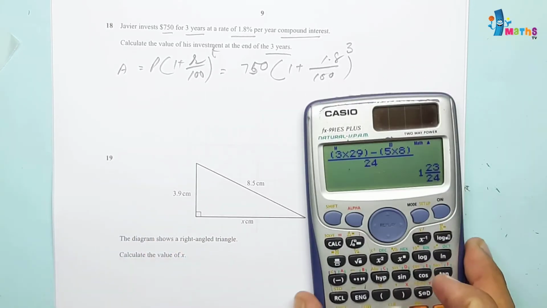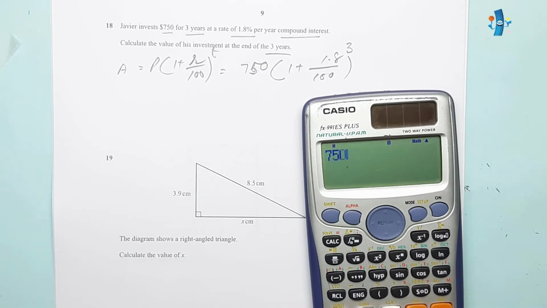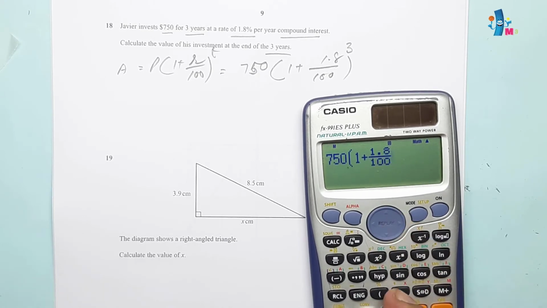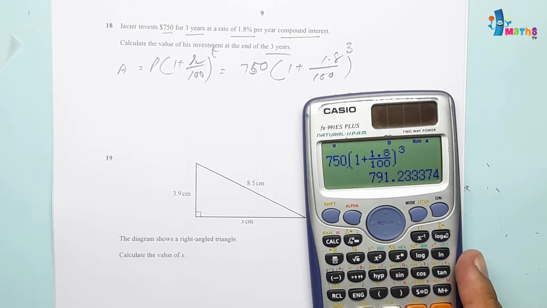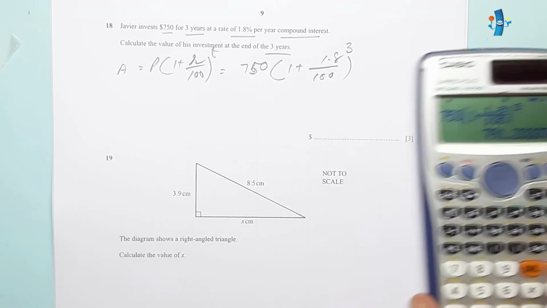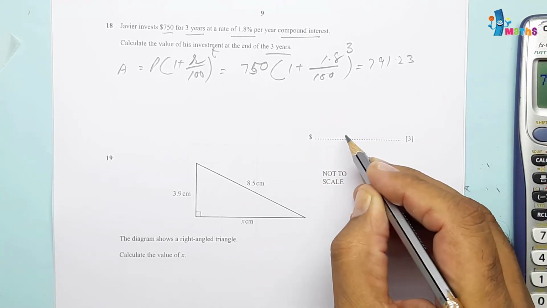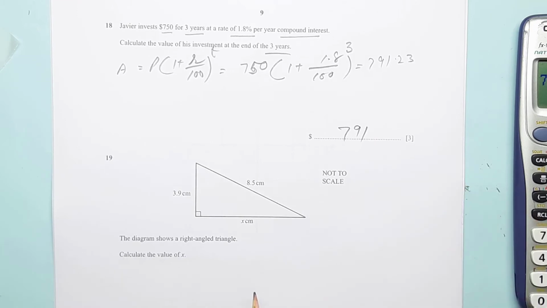So we can calculate this. This will be equal to 791.23. So our answer will be 791.